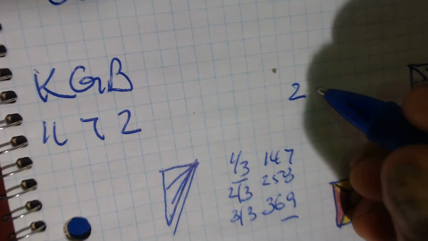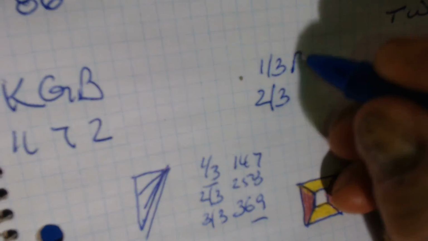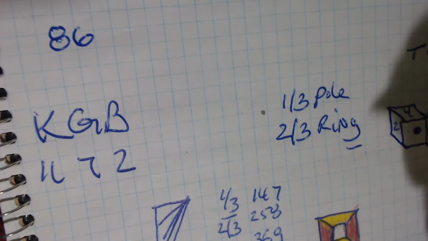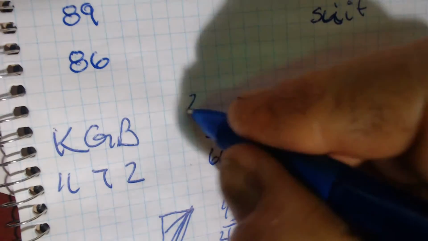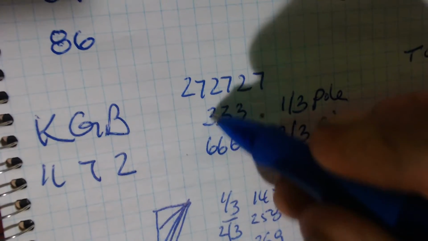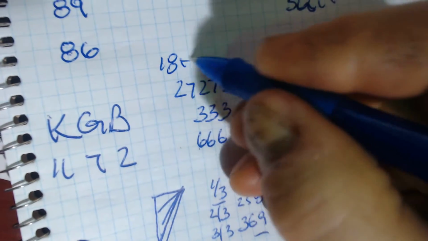Knowing that 2/3 and 1/3 is the pole and the ring, knowing that it equates to 666, knowing that it equates to 333. The three of them will be 27, 27, 27 star system. 3 times 6, 3 plus 6 equals 18, and 9 equals to 27.